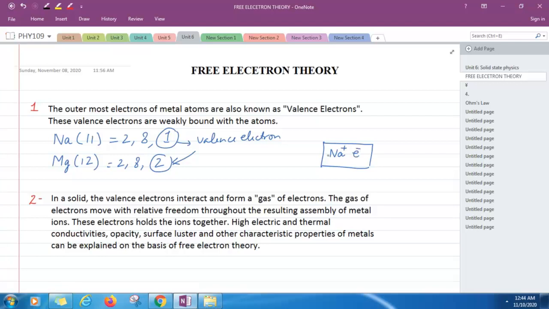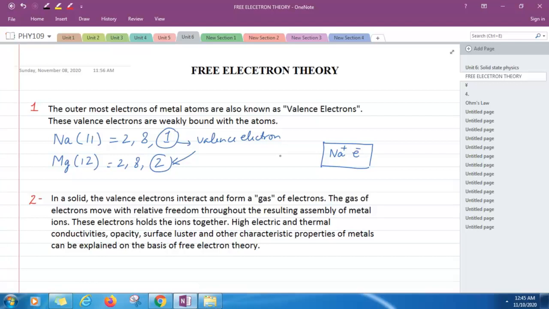So these electrons are moving freely in this crystal, and these electrons are holding these ions together. Properties such as high electric and thermal conductivities, opacity, surface luster, and other characteristic properties of metals can be explained on the basis of this free electron theory.